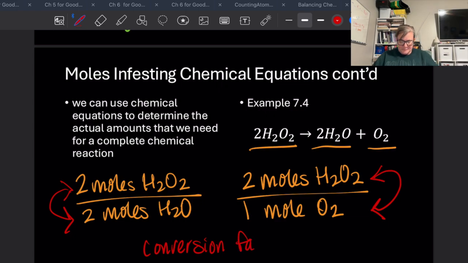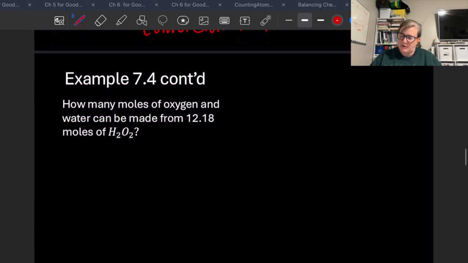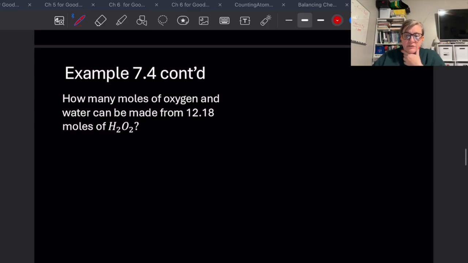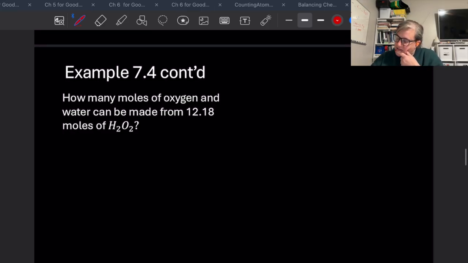So if I've got this example 7.4, and I say how many moles of oxygen and water can be made from 12.18 moles of H2O2. It's the same equation that we had up here.